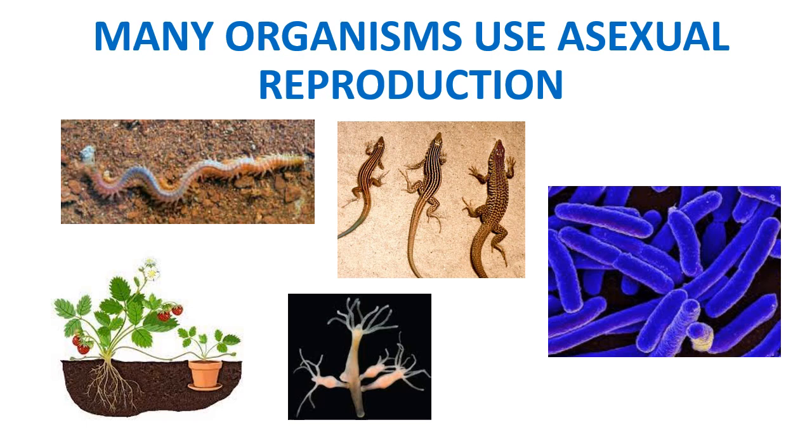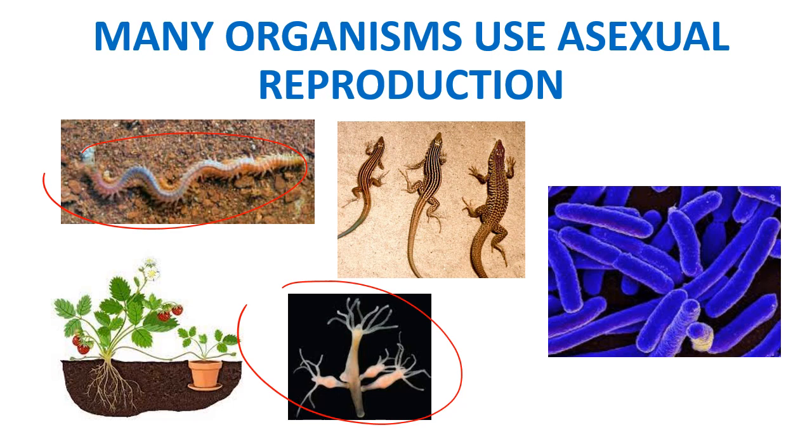There are heaps of different organisms that use asexual reproduction, not just bacteria and single-celled organisms, and we'll learn most of these in term 3. Lots of these species, like this worm here and this hydra, you can cut them in half and they'll regrow into two new organisms.